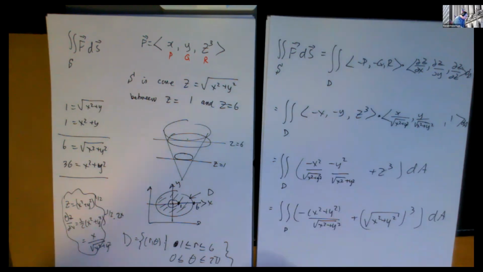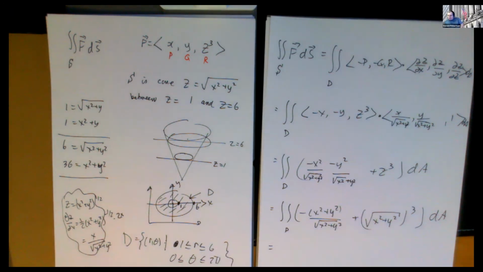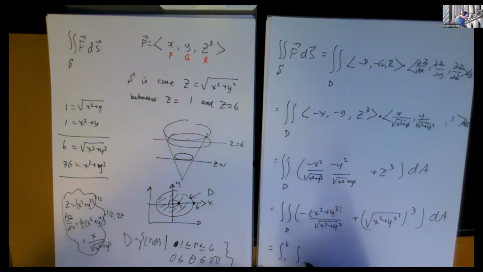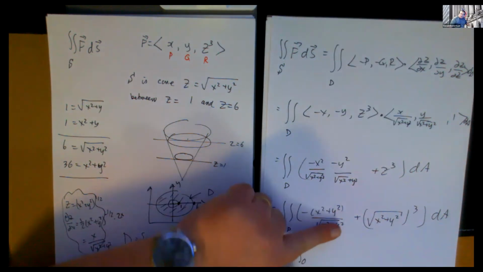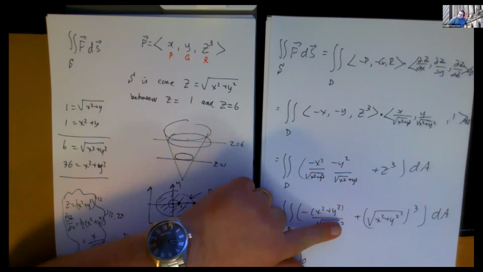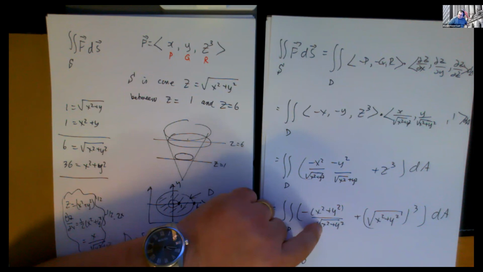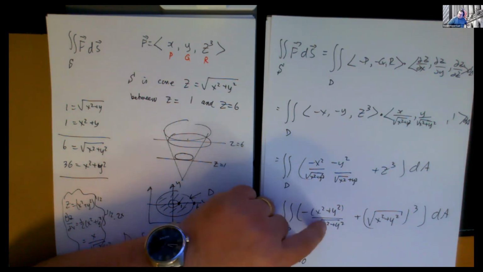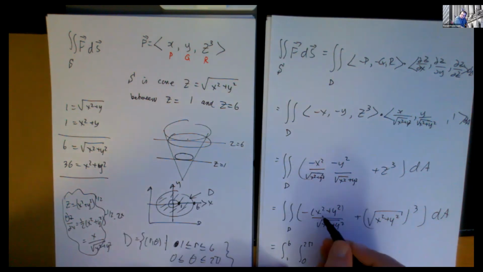Okay, I think I've reached the point now where everybody could probably be turned into r's and thetas, right? So the integral is going to be r equals 1 to 6, theta equals 0 to 2 pi. All right, let's see what each of these bits are. What's x squared plus y squared going to be? R squared. Right, and then isn't the square root of that r? So won't this divided by this just give you negative r? You happy with that? Have I done too much or you go? R squared over r cancels down to r, stick a minus in front of it.